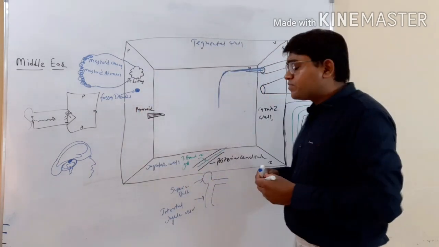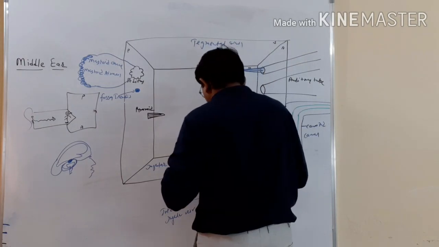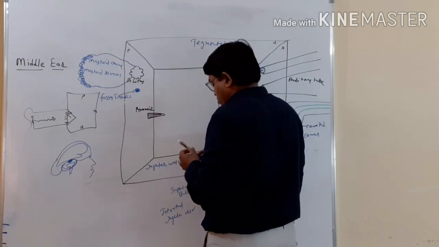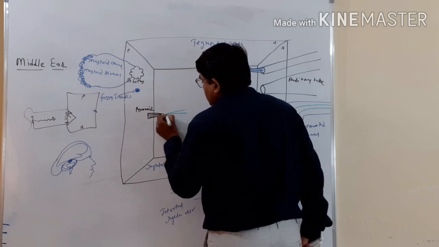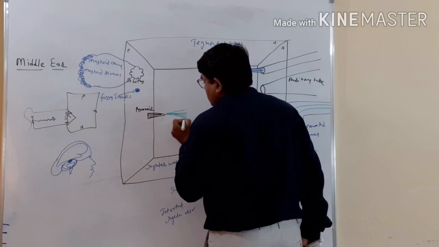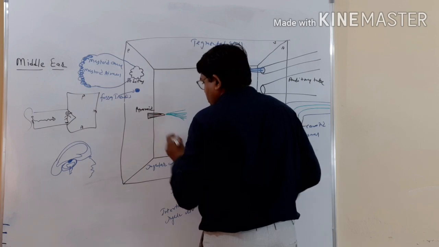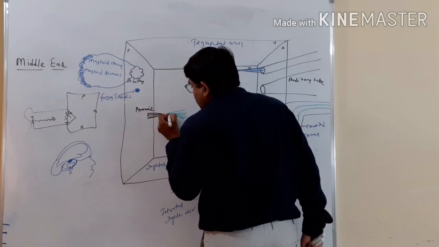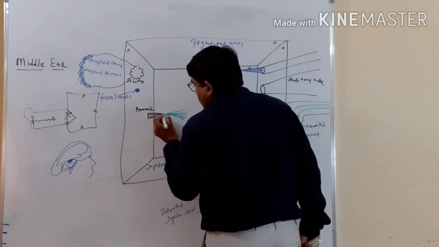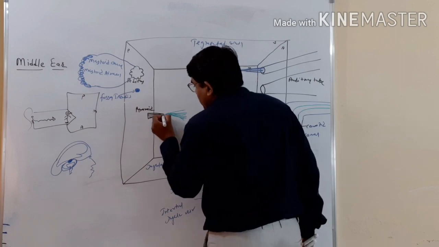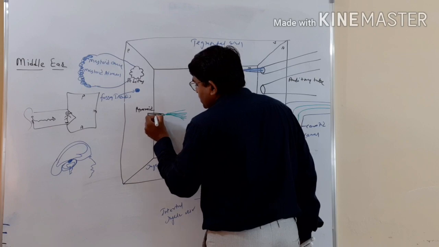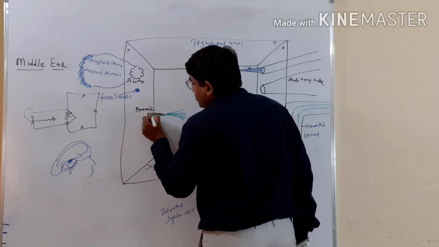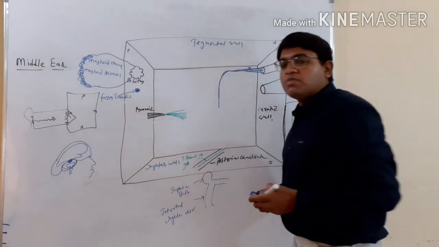This pyramid gives space to the tendon of the stapedius muscle. The tendon of the stapedius muscle reaches up to the apex of this pyramid, and at the apex of this pyramid there is an opening and canal for the tendon of the stapedius muscle.